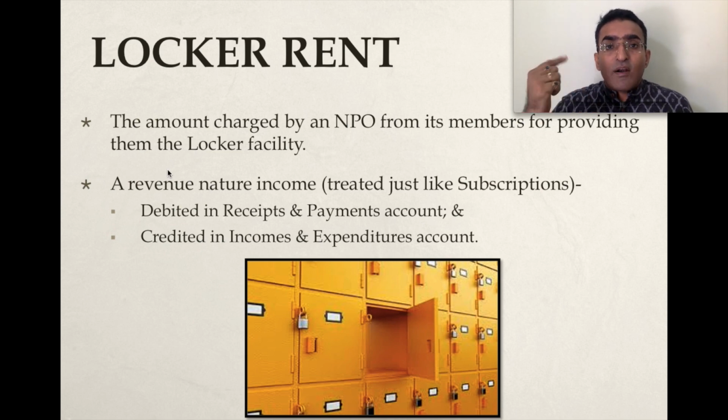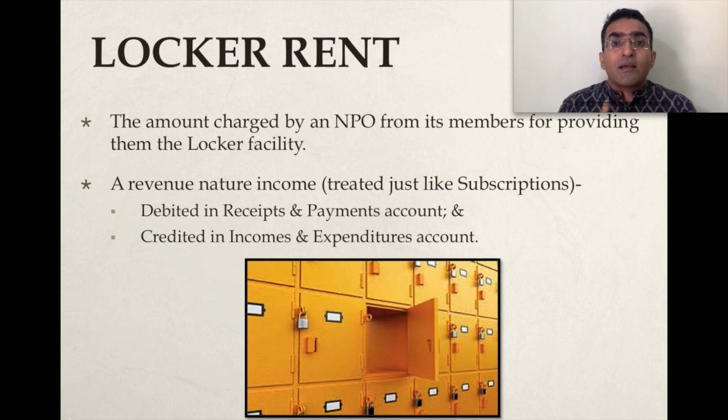Receipt and payment account, we will record it on the cash basis on the debit side, that is the receipt side. Income and expenditure, it goes to the income side, credit side, on what basis? Accrual basis. Remember that. Whenever we are talking about accrual basis, we are going to adjust the accrued and advance items, whatever are given in the question.